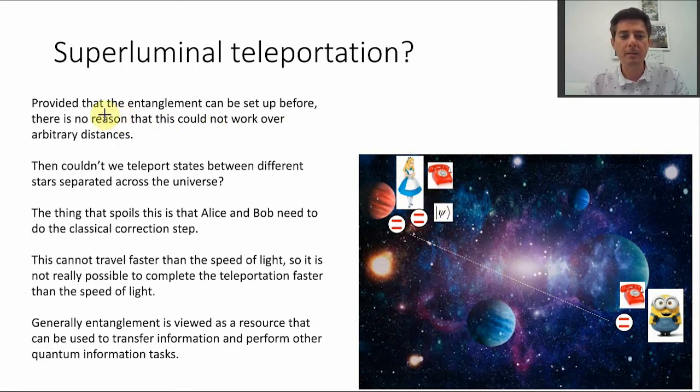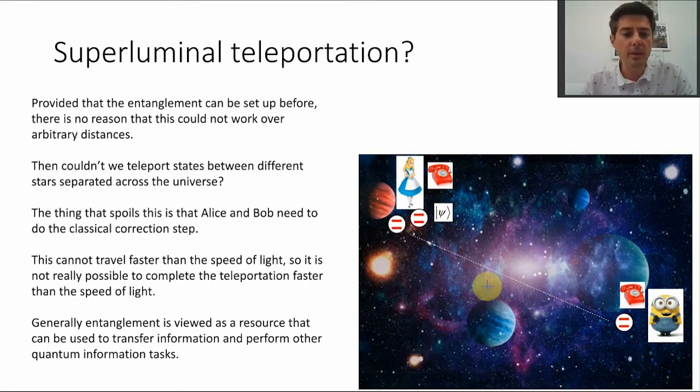It almost looks like there's no limit to how far you can perform this teleportation. And actually, in a way, this is true. You could, in principle, do this teleportation over arbitrary distances. If you were able to set up entanglement between, say, different galaxies, different ends of the universe, there's no real limit to the distance over which you can perform your teleportation.